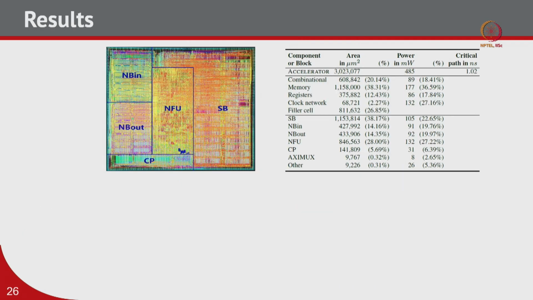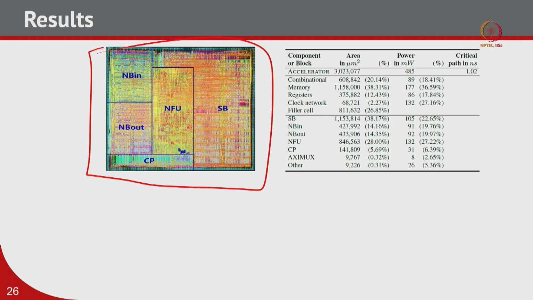Now, finally, this DianNao is, I think, a fabricated chip, and they are showing the results. I think this is the synthesis output, or maybe the post-routed output, I am not sure, but this is how the chip looks. You can see this is a square chip, and they have annotated the different portions of the chip, where this part is taken by the input buffer, this part is taken by the output buffer.